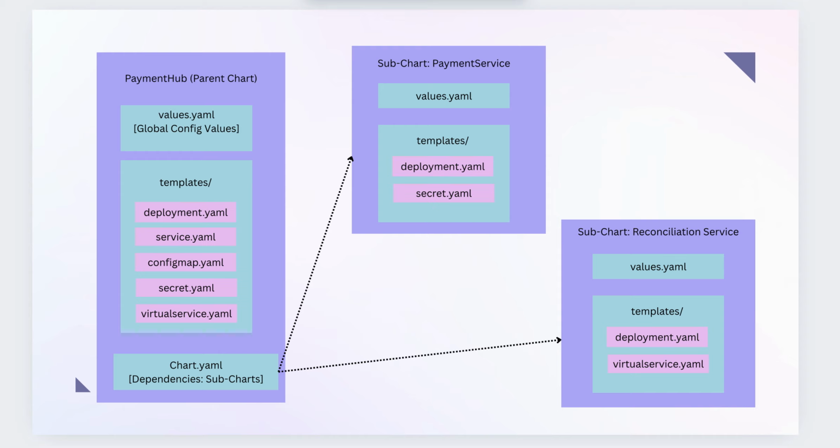It shows the Payment Hub parent chart, its key files, and charts for the payment service and reconciliation service, including templates for config map, secrets, and Istio virtual services.